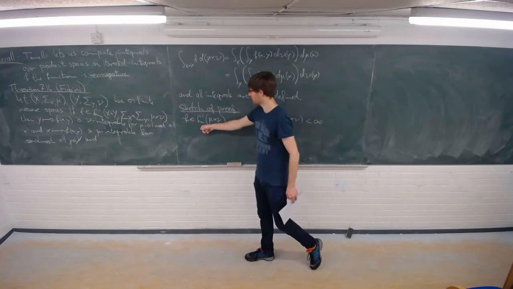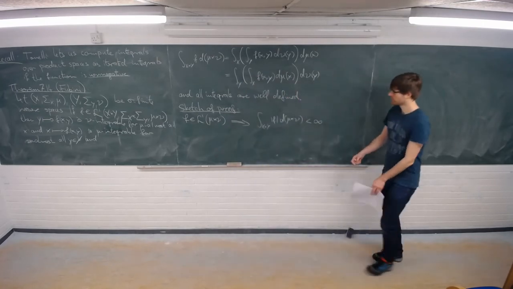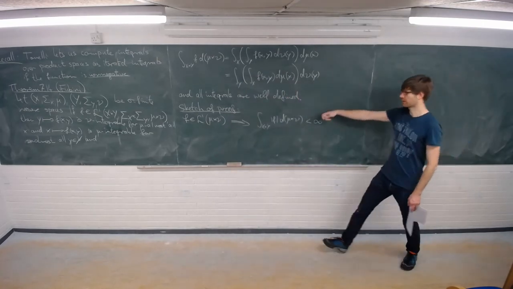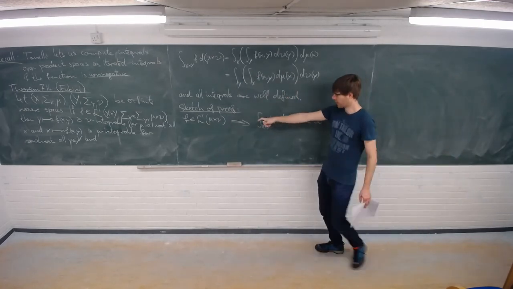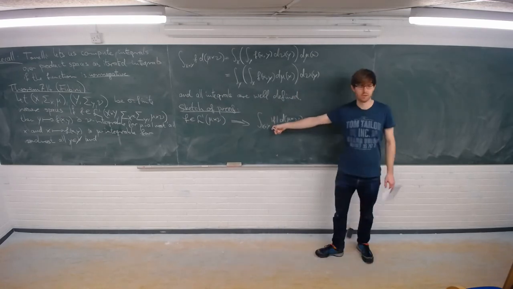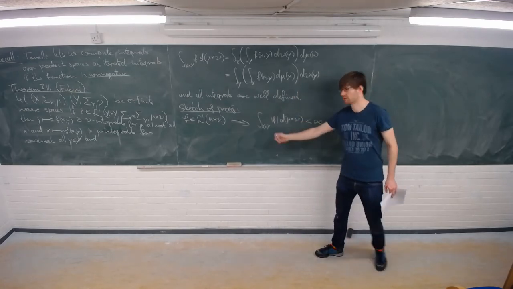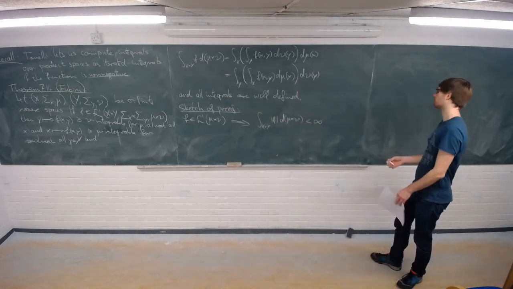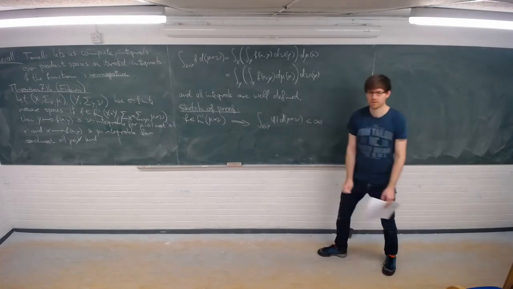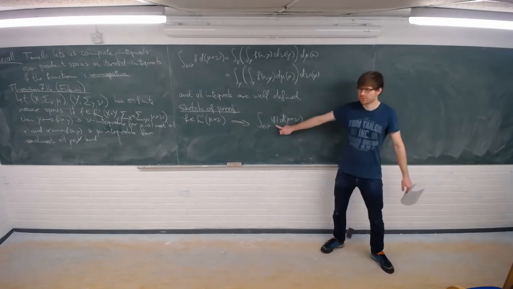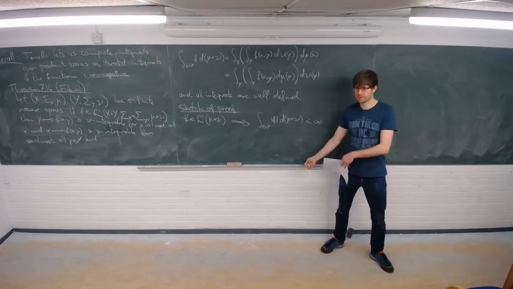When we talked about integrability, there was a remark that said f is integrable if and only if the integral of its absolute value is finite. So we have this.